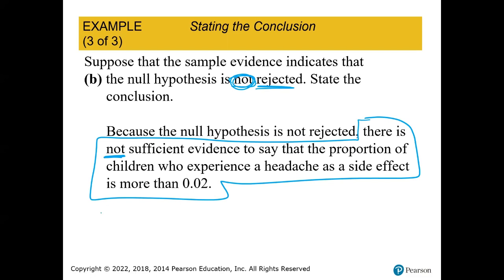So no matter how you do this, it's either there is or is not enough evidence to say the fill in the blank with the claim. There is enough evidence that the mean is not equal to something, or there isn't enough evidence to say that the mean is not equal to something. That is the basis for how we're going to write our conclusion.